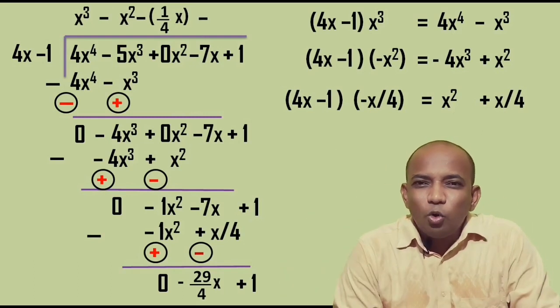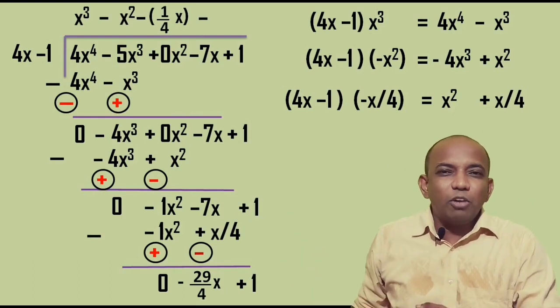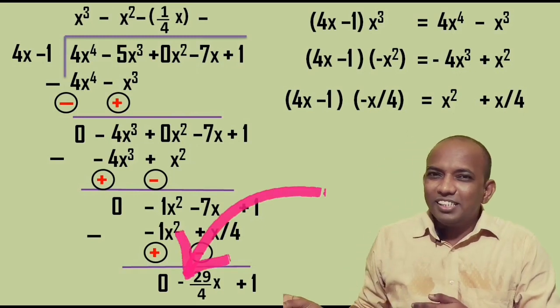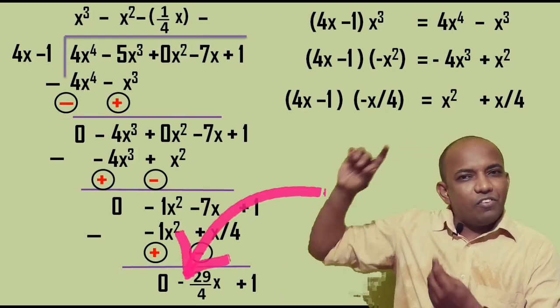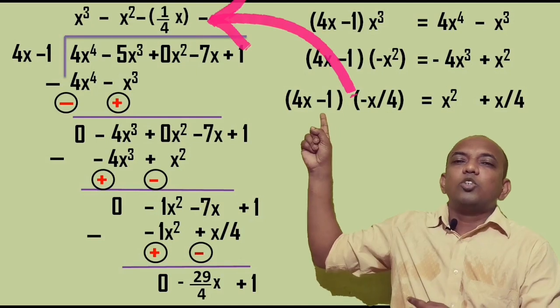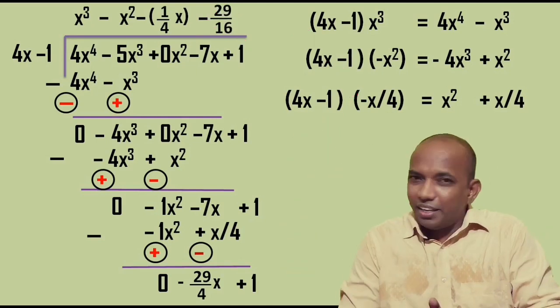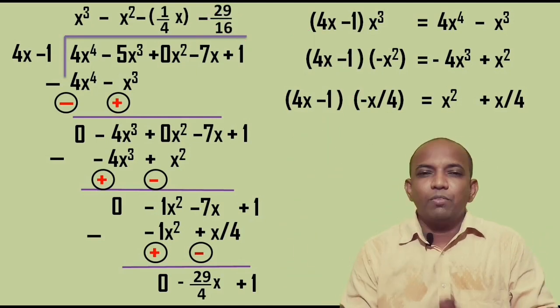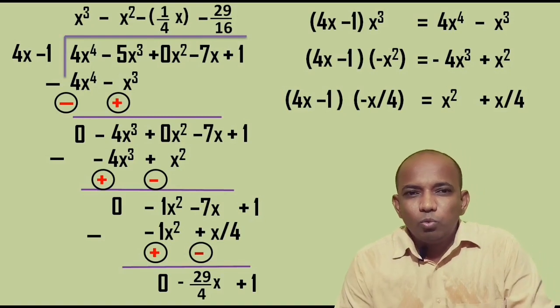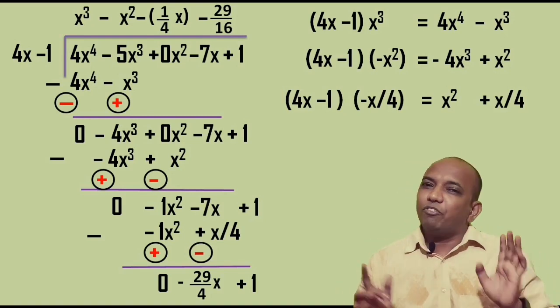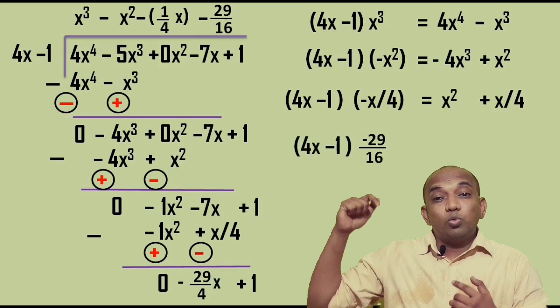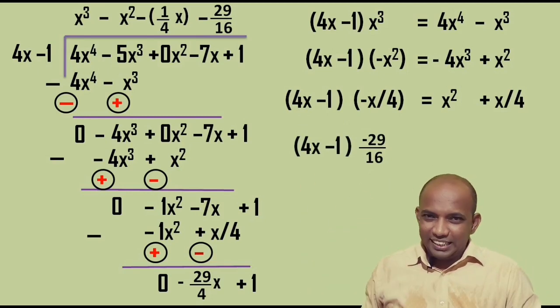But before going to that part, check out the sign of the 29x upon 4 on the board. Yes, it is negative. So very first give a negative sign and then write 29 upon 16 in the quotient part, right? Now the next step, what we have to do, we will multiply 4x minus 1 by 29 upon 16.